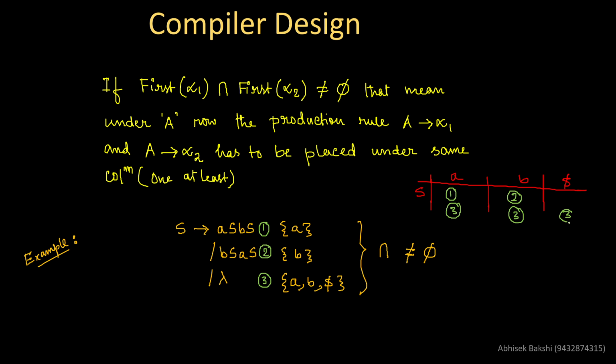That you have seen, right? So I have a clash. That means LL1 parser design is not possible. Even I can easily see it when I do the intersection and find it is not null.